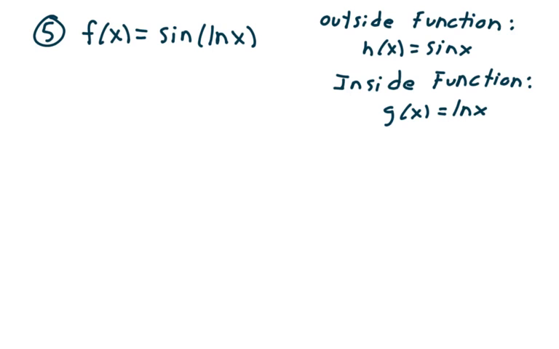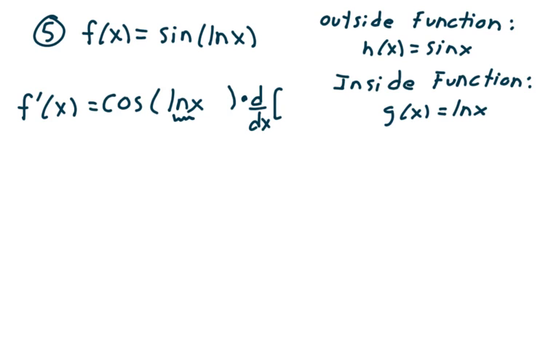So let's give ourselves room, and I want f prime of x. The derivative of the sine is cosine. So I'm going to take cosine and evaluate that at the inside function, which in this case is natural log of x. But I'm going to multiply by the derivative of the inside function with respect to x.